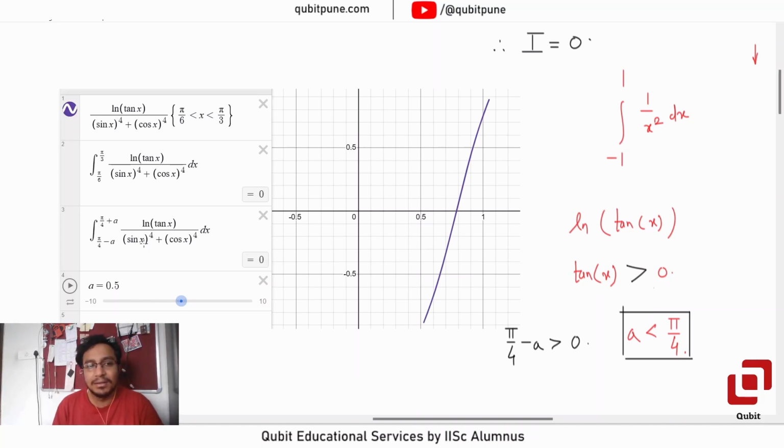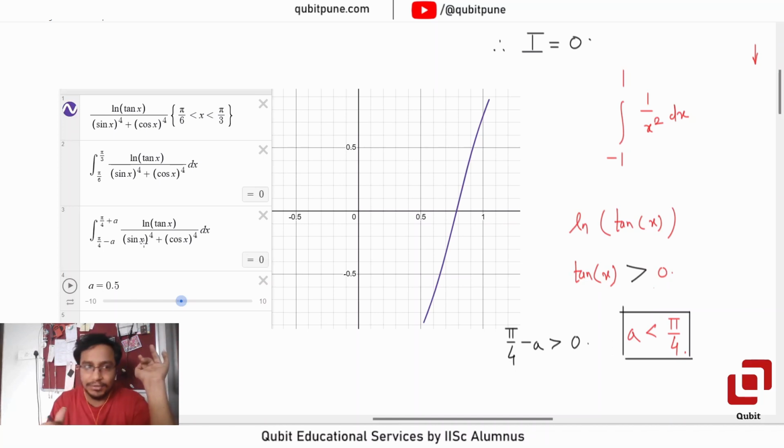Clear? That means we have to find the domain of the function, basically. And the interval of integration has to be a subset of that domain. If it is not, then make appropriate changes, split the integral and evaluate it independently. Is it clear?